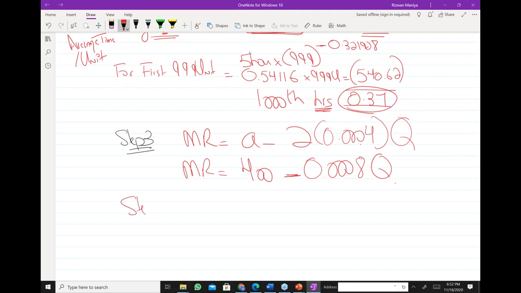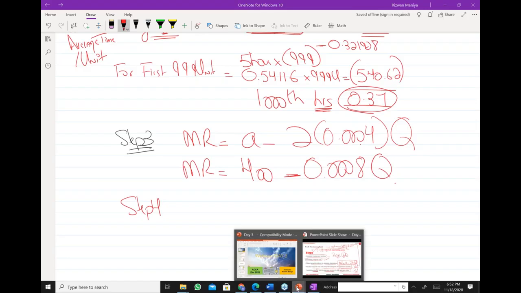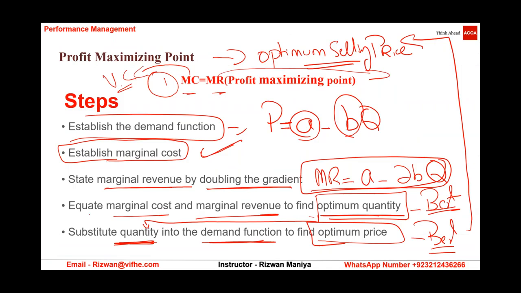Now step number 4, what it says? It says equate MC with MR to find out optimum quantity. MC equal to MR. Okay, let's equate it.